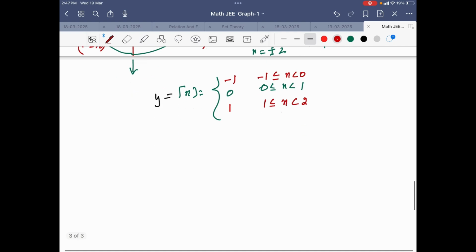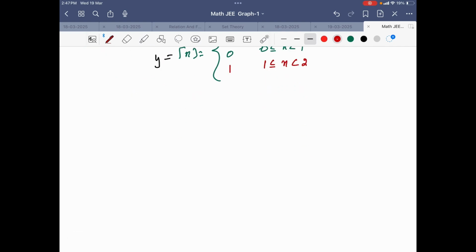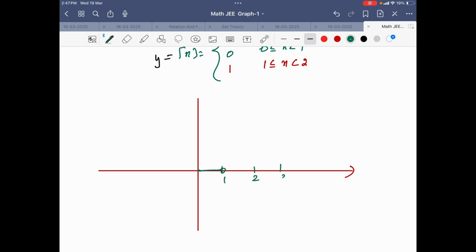So now you can draw the combined graph. First you draw the greatest integer function. 0 to 1, here 1, this 2, this 3, this 4. Let's take minus 1 here, minus 2, minus 3.